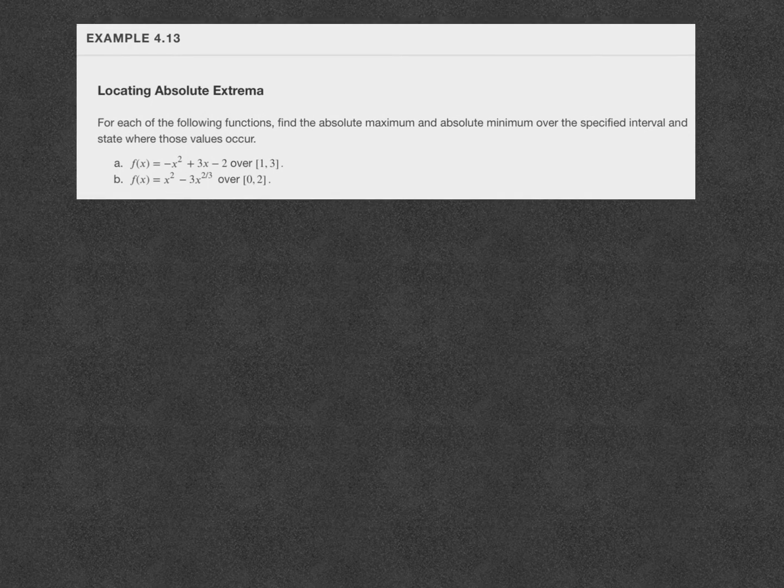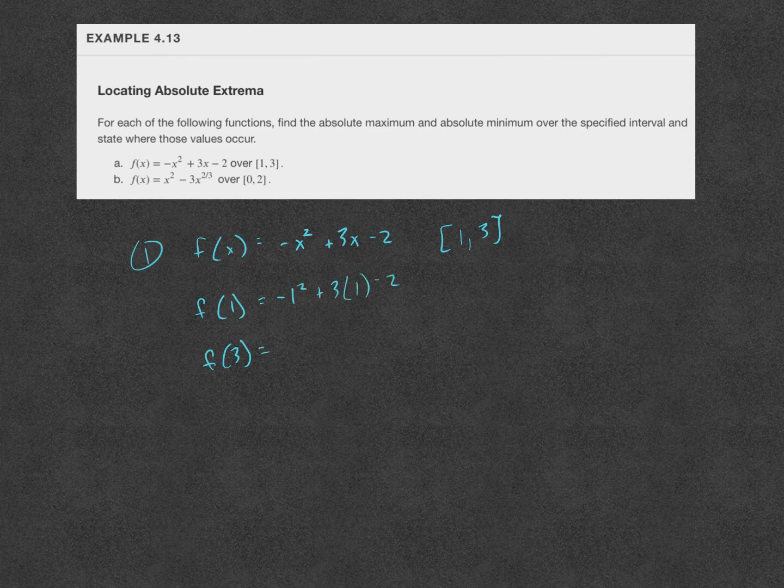All right, step 1 on problem number 1 is to evaluate f at the endpoints. So f of x is equal to -x squared plus 3x minus 2, and the interval is 1, 3. We'll take f of 1 and f of 3. -1 squared plus 3 times 1 minus 2, and -3 squared plus 3 times 3 minus 2.